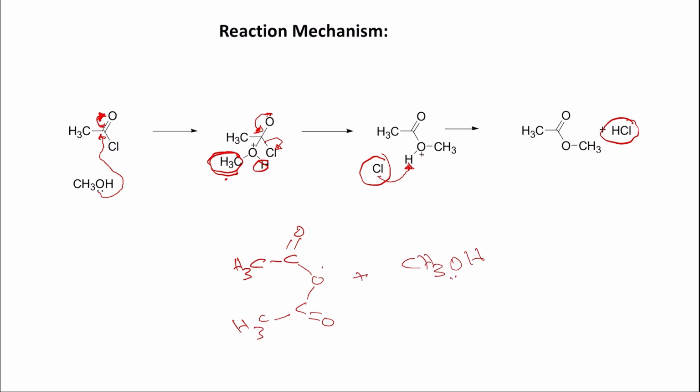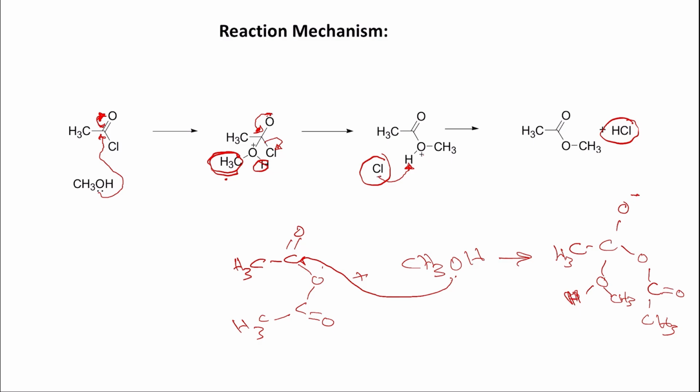So the first step again is going to be this one attacking this carbonyl carbon, and this will give you the intermediate, which is going to be CH3C, and then the O with the negative charge, and then the OCOCH3, and then you're going to have your alcohol, which was added in here. This oxygen will have a positive charge.